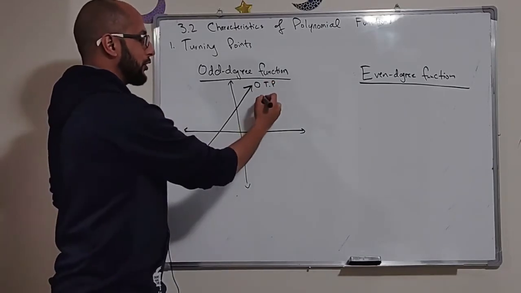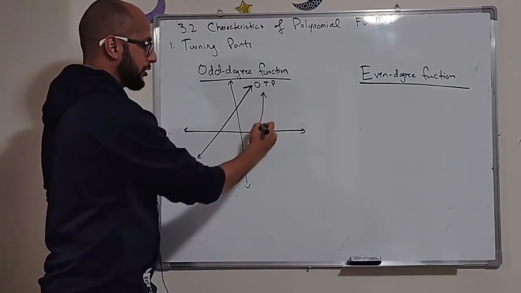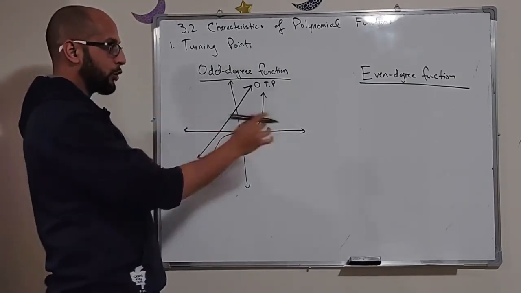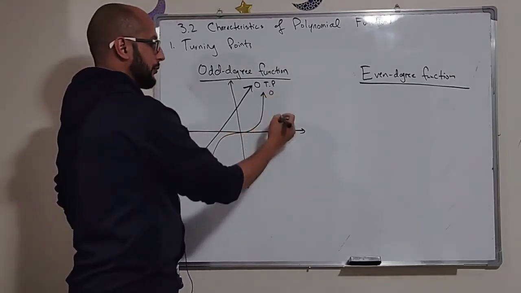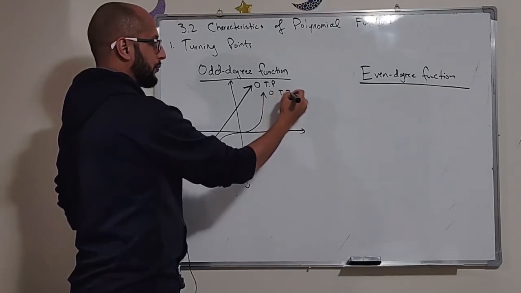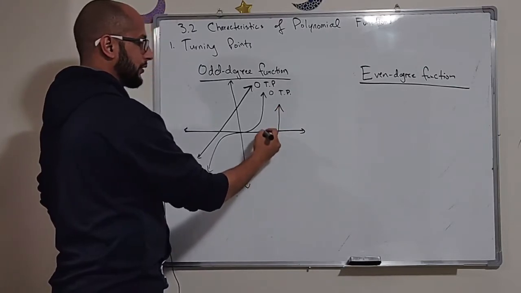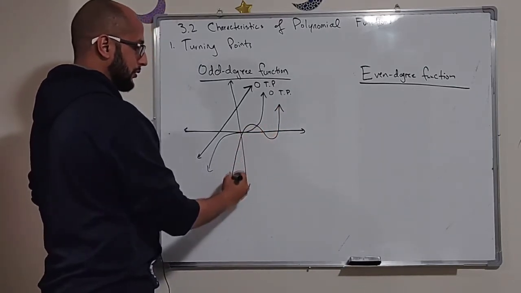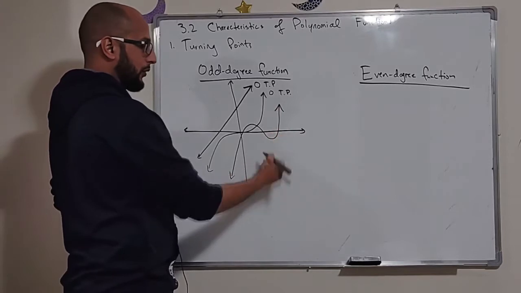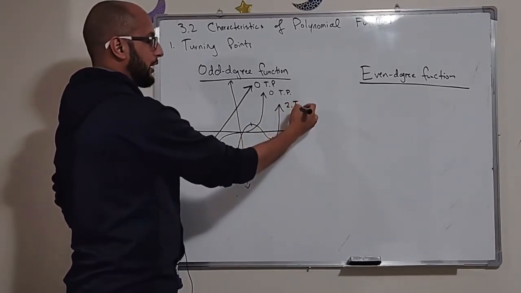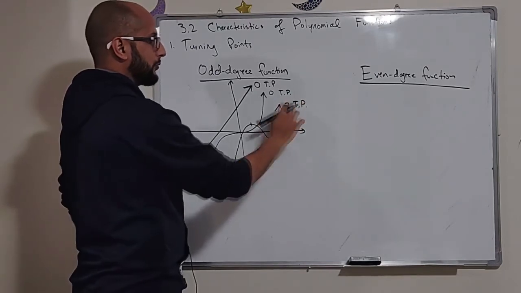How about in a cubic function? Well, we can have cubic functions that look like this, which again, there are no turning points. But you can also have cubic functions that look like this. Right? There's a cubic function here, which can have 2 turning points.